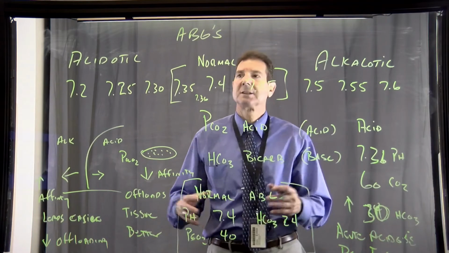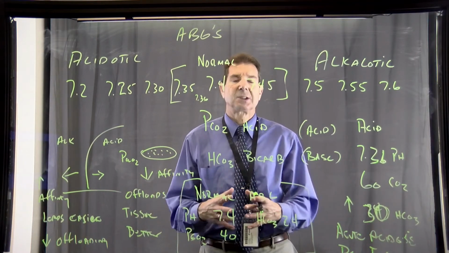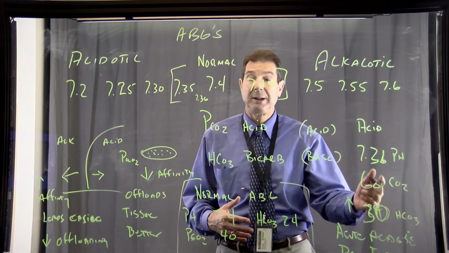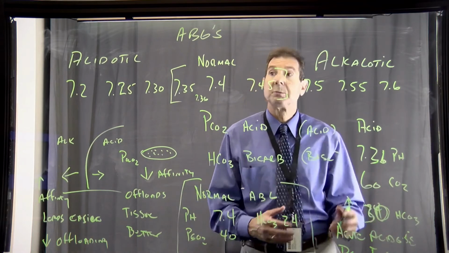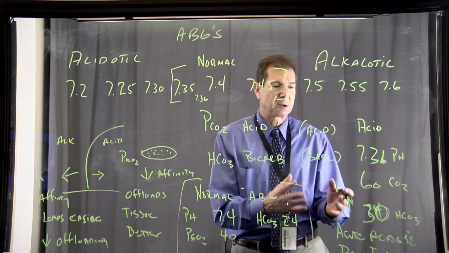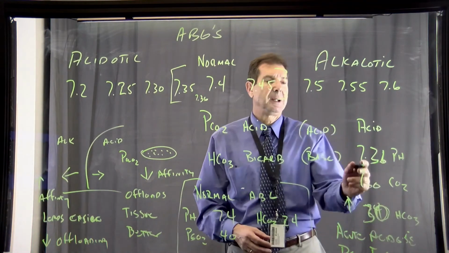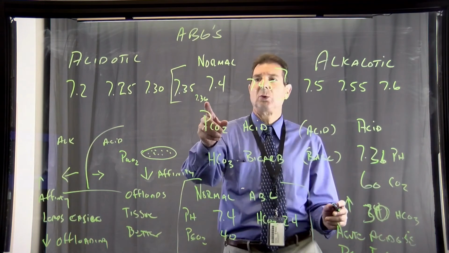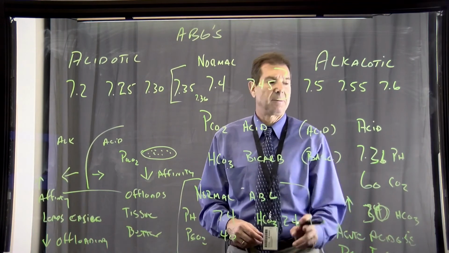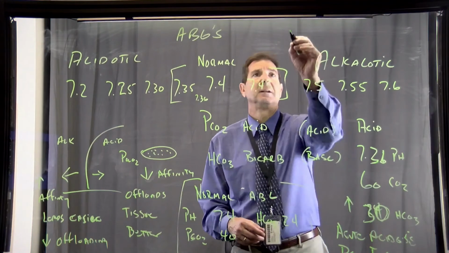A chronic condition takes time to occur, and time for the body to balance out the acidic. We see this in COPD patients where the CO2 has been high for a long time. The bicarb has gone up because the body's trying to compensate for that acidic condition. It'll hold on to bicarb, and now the patient will come all the way back into a normal pH range, even though the CO2 is high and the bicarb is high. We call that fully compensated.